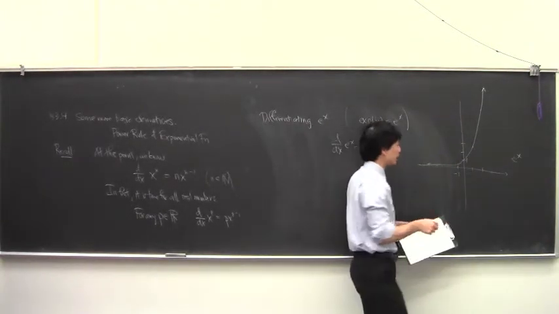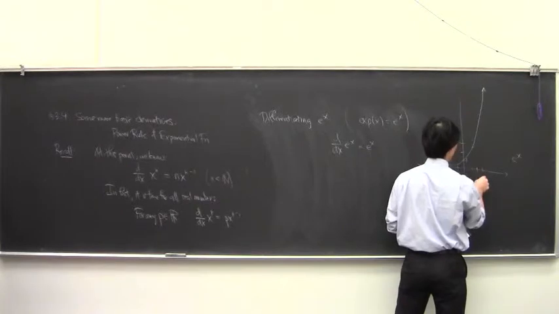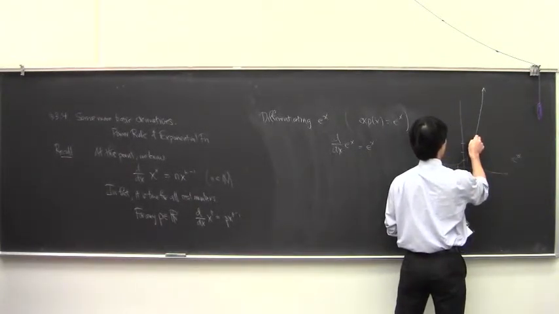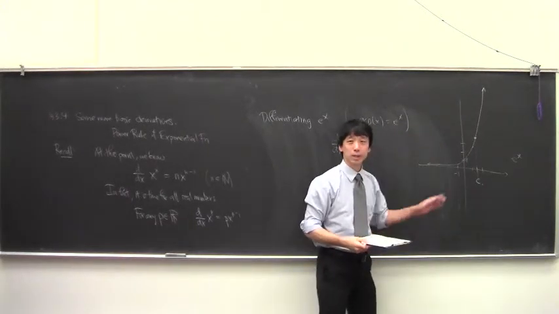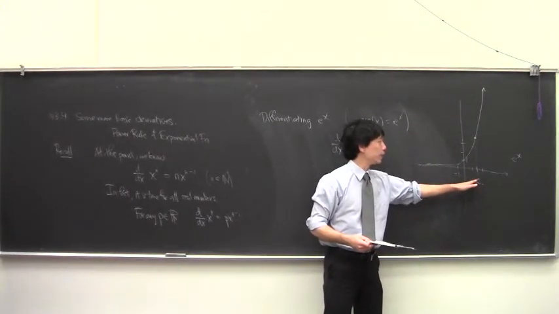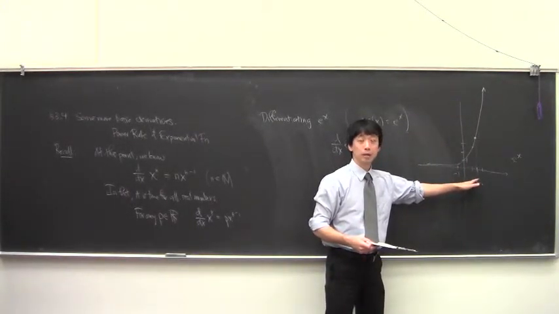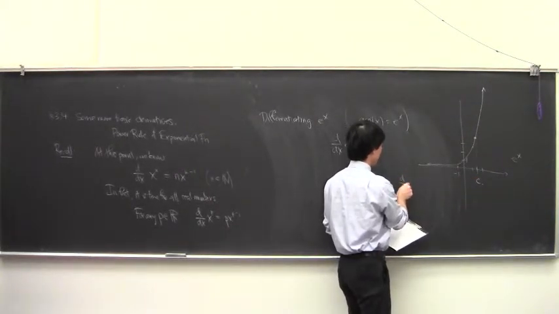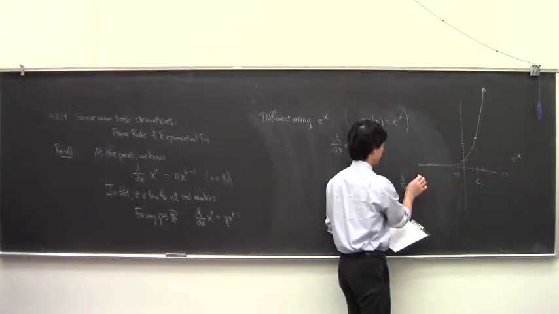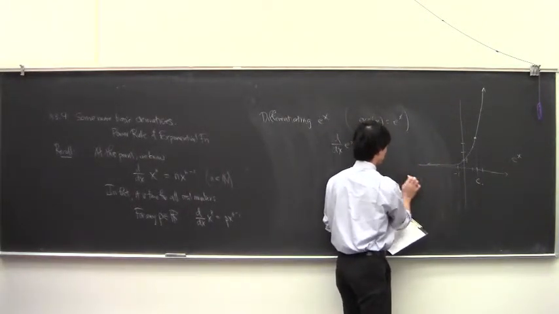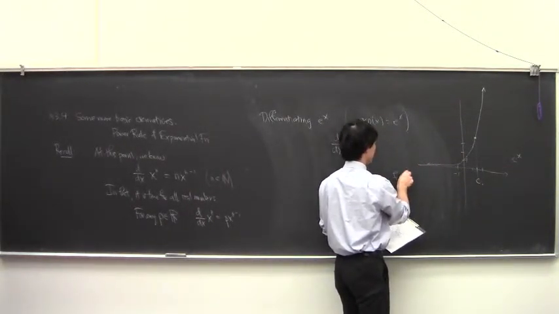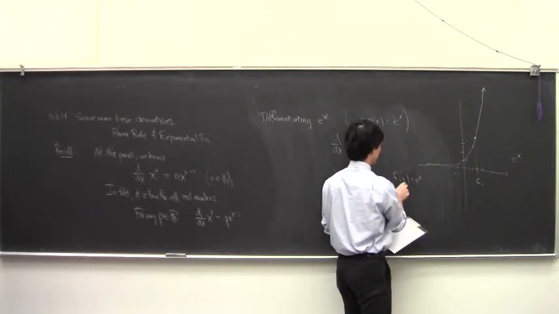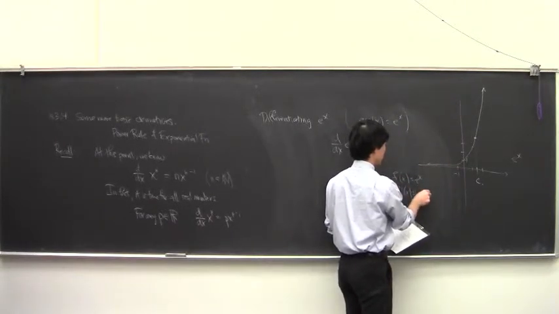So if I take a point C, what does this tell me graphically? If f of x is e to the x, f prime of x is also e to the x.